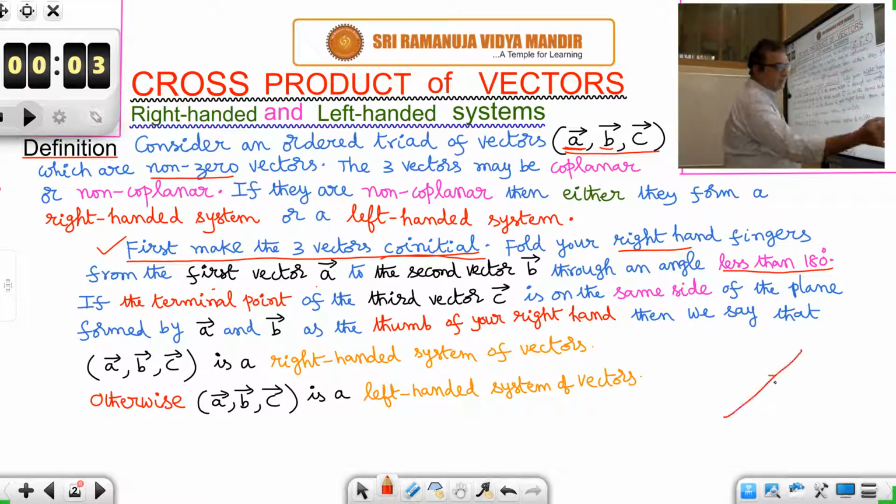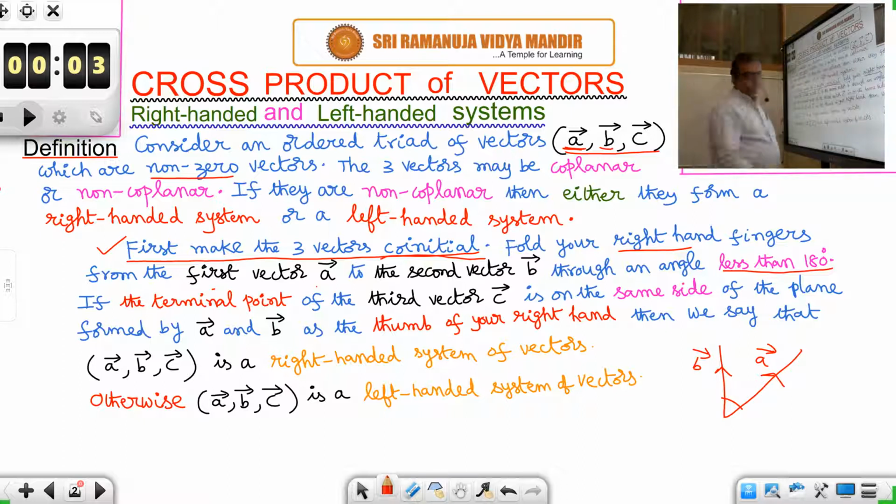For example, A bar is here, B bar is like this, initial points made the same. This is the angle between the two vectors, which is less than 180. So you should fold your right hand fingers from the first vector to the second vector, like this.